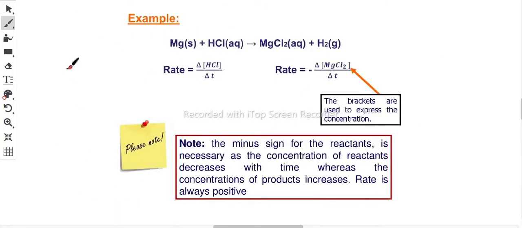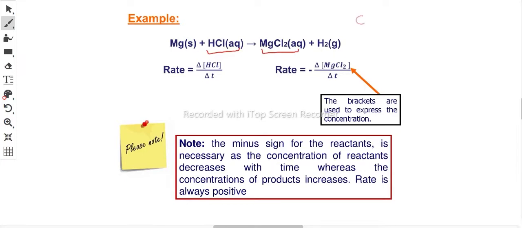Here I have a small example. Mg as a solid reacts with hydrochloric acid, aqueous, to form magnesium chloride as a salt besides the production of hydrogen gas. If I want to follow the concentration change per unit of time, I can follow the concentration of hydrochloric acid as a reactant, and I also can follow the concentration change of magnesium chloride.